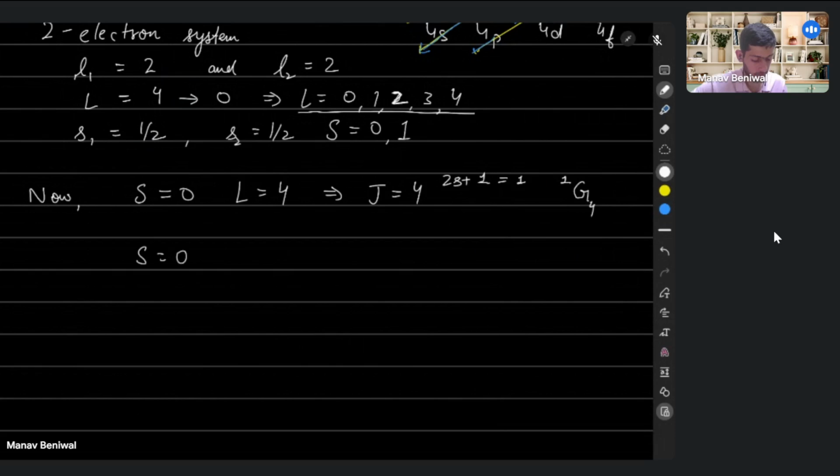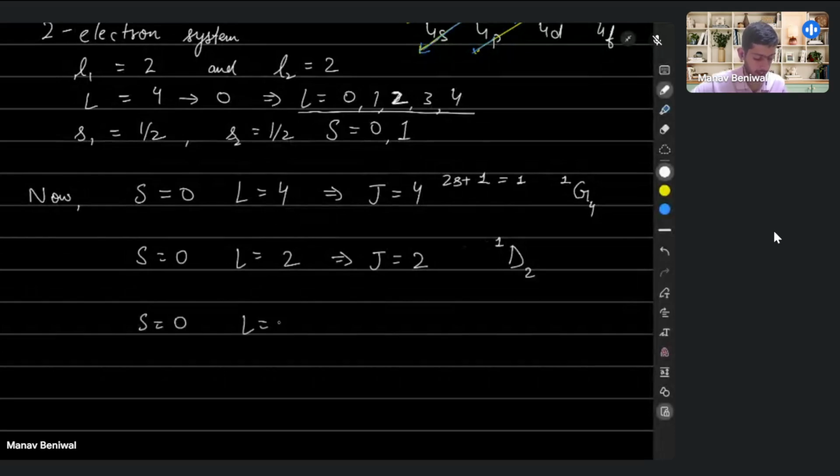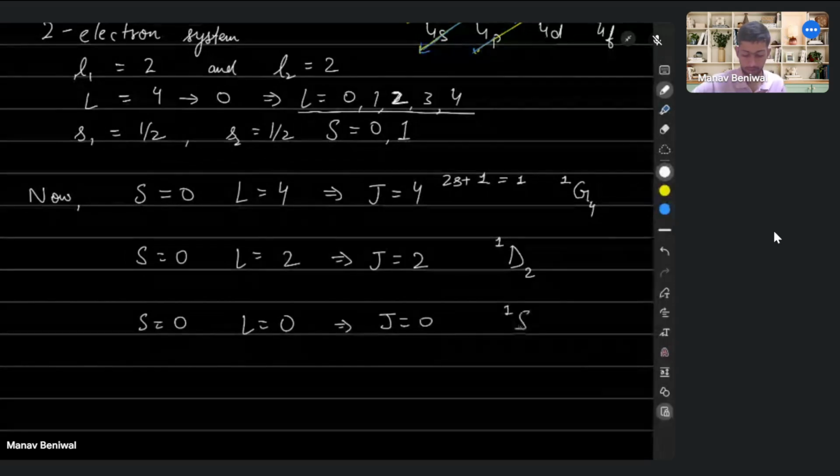If S is 0 and L is 2, then J is 2. The configuration becomes again 1, L equals 2 means D, and this becomes 1D2. If S is 0 and L is 0, then J is also 0. So this becomes 1S0.